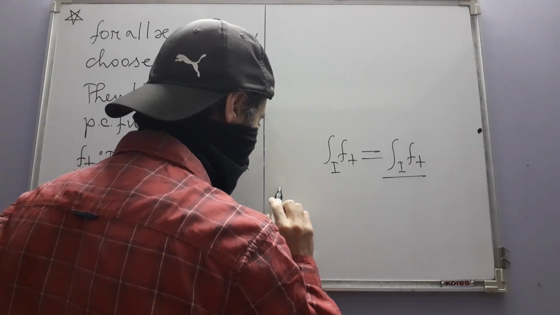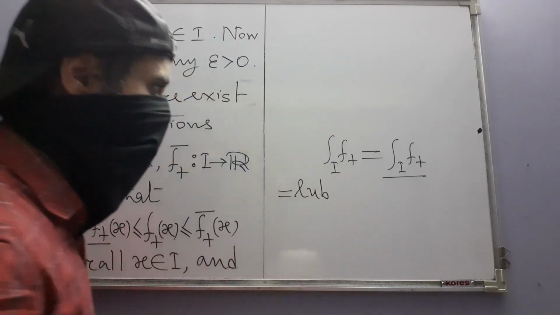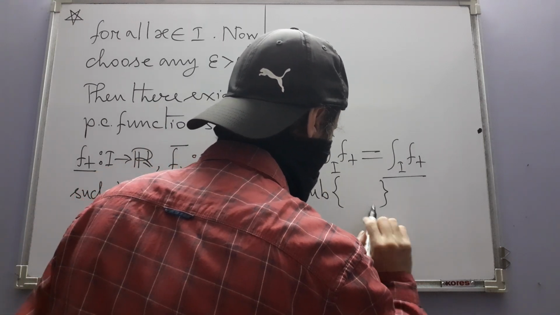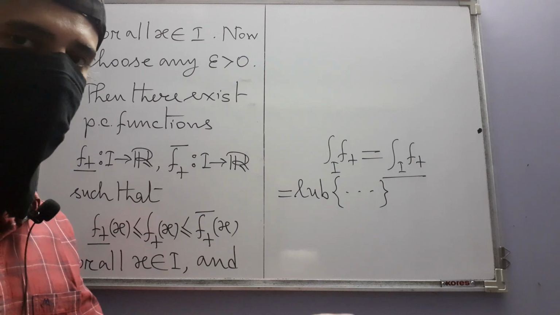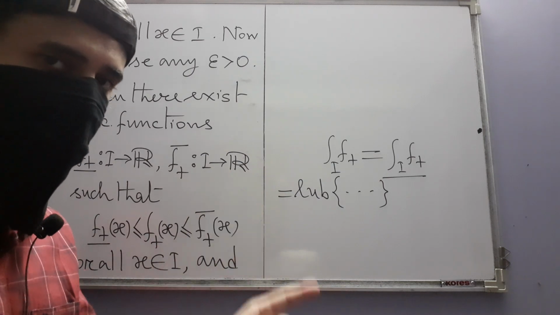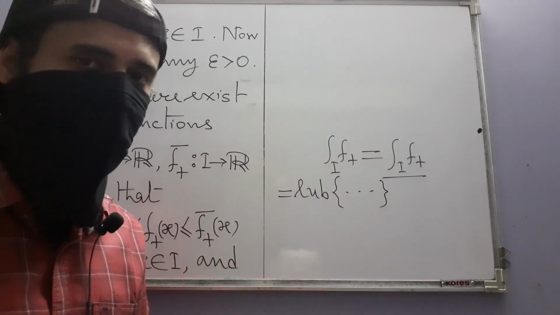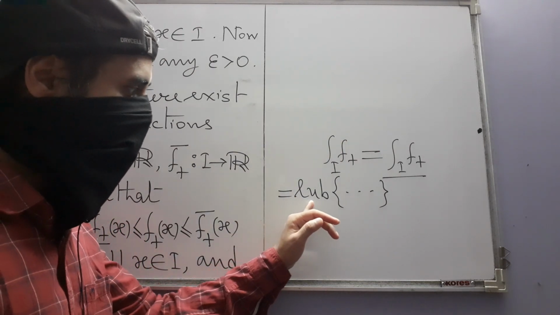The lower integral is the least upper bound or supremum of a set. What do we have in this set? In this set, we have integrals of piecewise constant functions that minorize f plus. So this is the least upper bound.